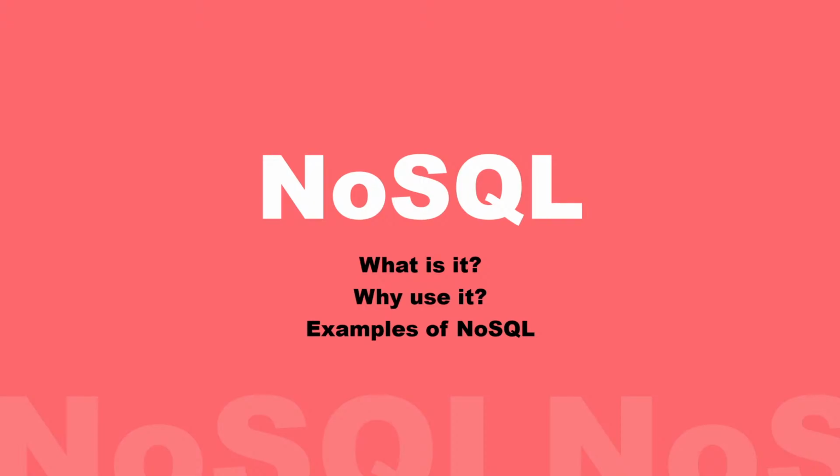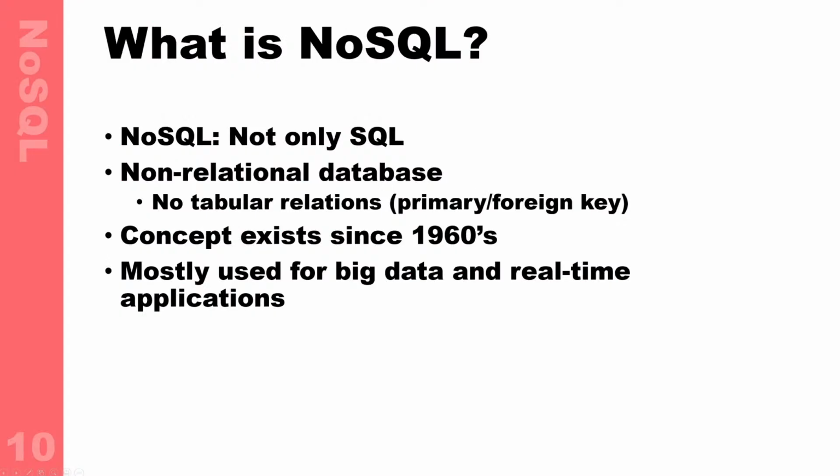Now, what do I mean by NoSQL? It is not only SQL, so there are more types of it. It's also non-relational. So we have no relation between different tables, or as we will come to know them as collections. In a regular database, in MySQL, you have that.